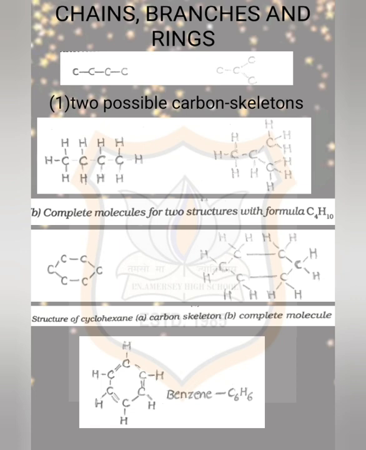In addition to straight and branched carbon chains, some compounds have carbon atoms arranged in the form of a ring. For example, cyclohexane, which has the formula C6H12, and the structure is given here. Here the 6 carbon atoms are combined to form a ring, and the remaining valencies of these carbon atoms are occupied by hydrogen atoms.